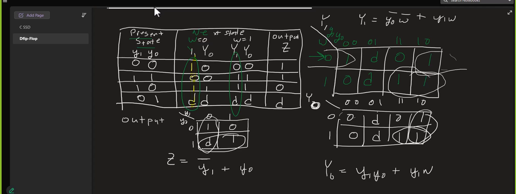Y1. Do I have another mistake? On Y0, you just forgot to put the dot over the Y2 or Y0. I did forget the not. Yeah, I find the nots to be optional. It's so negative.